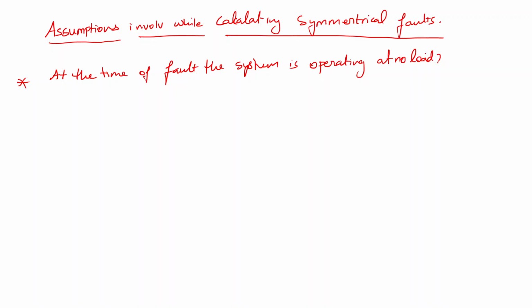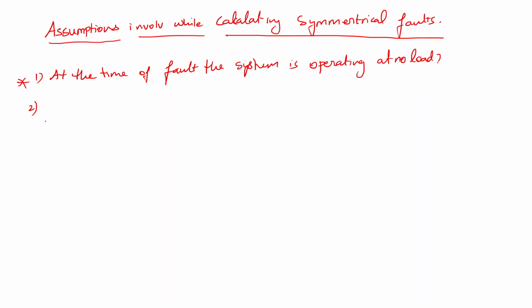Yeah, because I'm only speaking about the symmetrical fault. If a symmetrical fault occurs, all three lines, with ground or maybe all three lines alone, are shorted. So the fault current is very huge compared to the load current, and the load will never get any current because all three are shorted. What you said is very correct. So at the time of fault, the system is operating at no load. Very good.